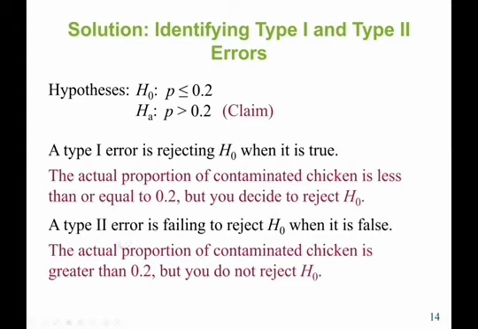So that would be more dangerous. Type 2 error is failing to reject H0 when it's false, and type 1 error is rejecting. If you are rejecting something, whether it's good or bad, it doesn't have much effect. But when you're accepting something and it's bad, then it has a bad effect.